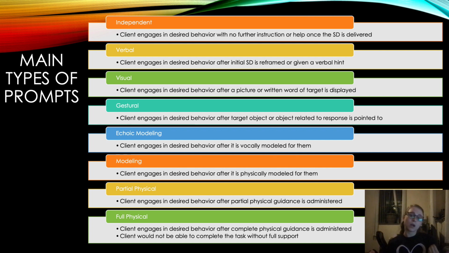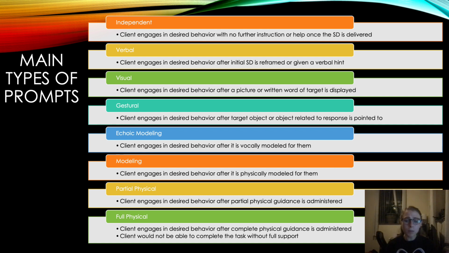Another modeling prompt would be if you're working on prepositions and you want them to put the ball in the basket, you could show them put the ball in the basket, and then they can see that you are putting it in the basket and imitate that response. The next prompt we have is partial physical.